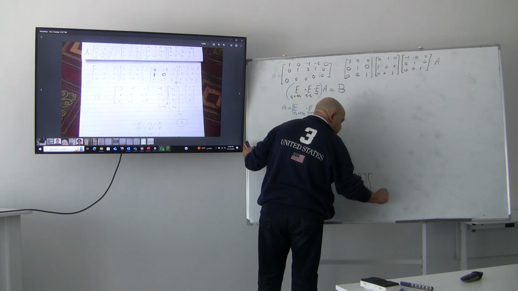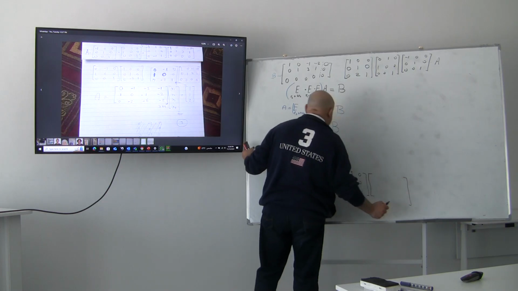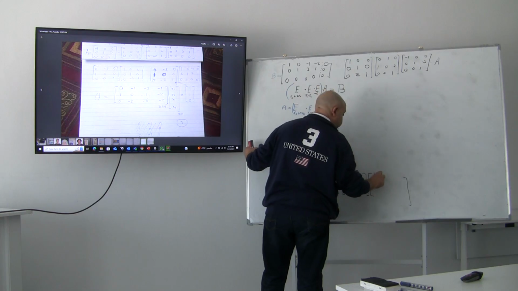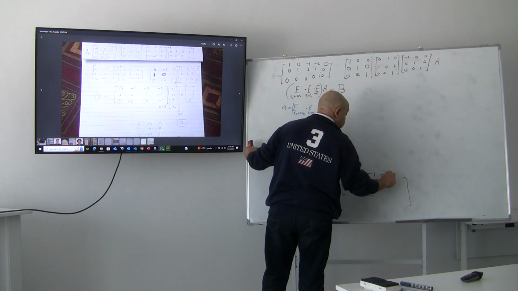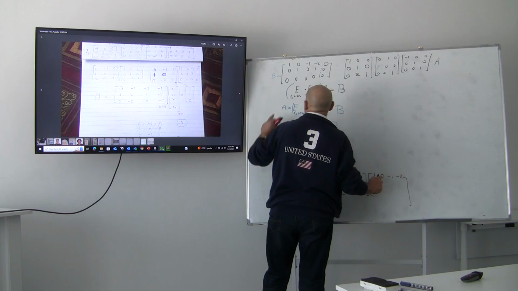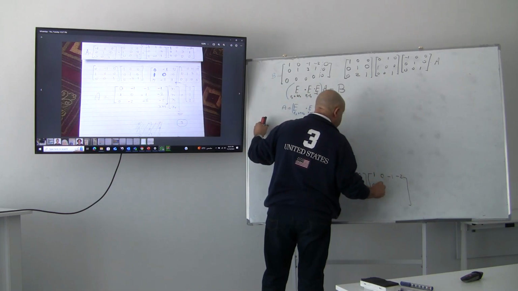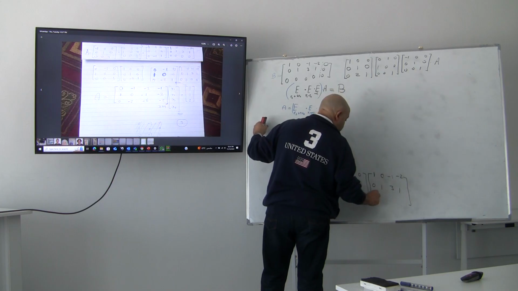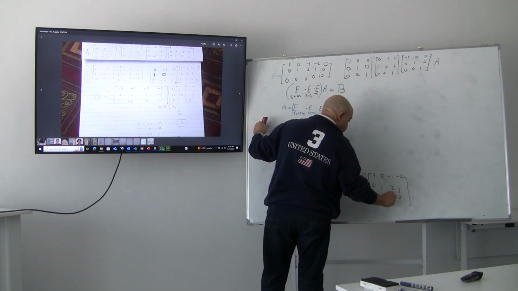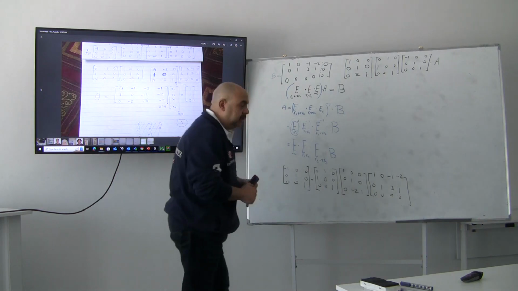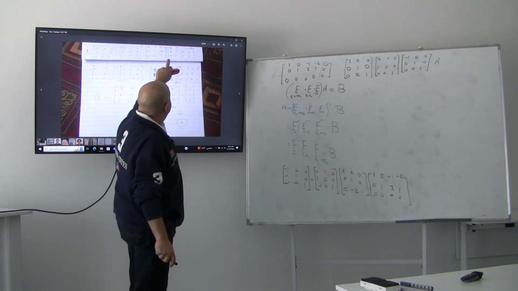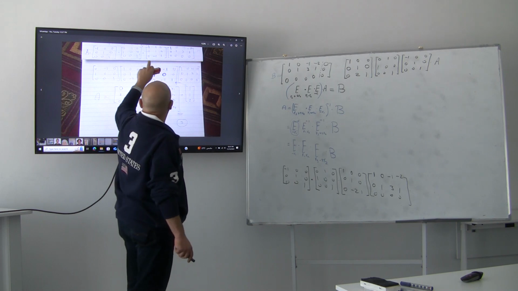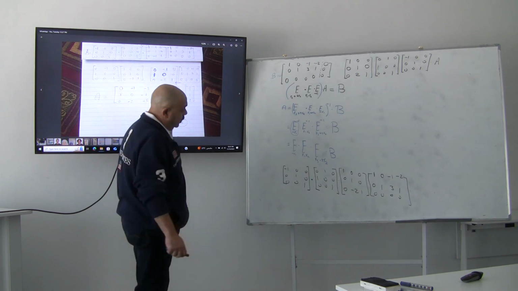And all of these matrices should be multiplied by the B matrix, which is simply 1, 0, negative 1, negative 2, then 0, 1, 3, and 1, and the last row is all zeros. Am I right? Yes. Let me check. So this is the last matrix, this is the one before, this is the A matrix, and this is the first one.